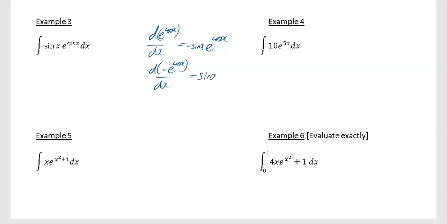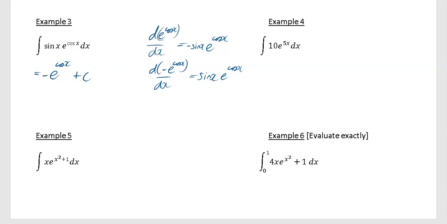You'll get sine x e to the cos x. That means if you integrate sine x e to the cos x, you will get minus e to the cos x, and then plus your constant of integration.